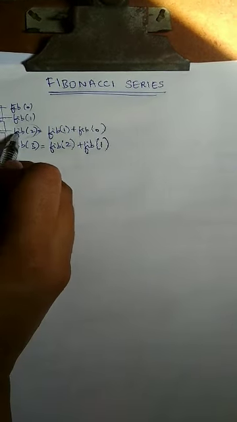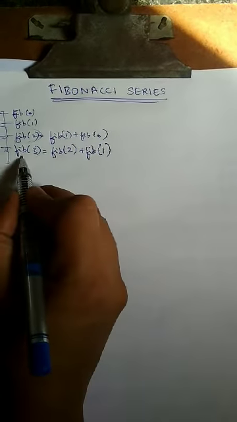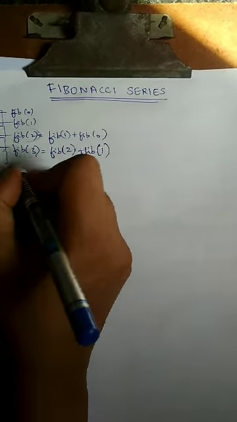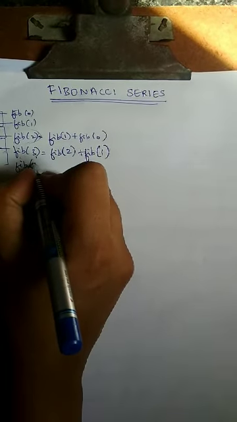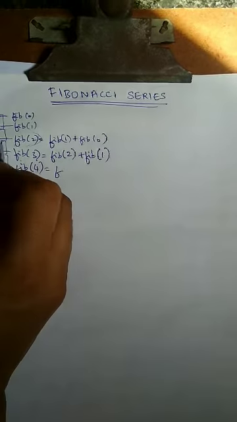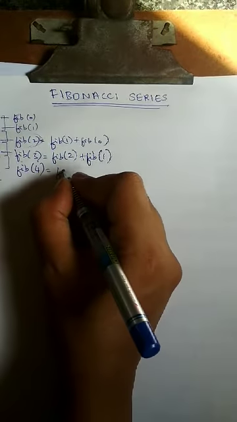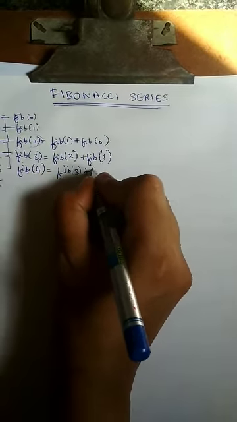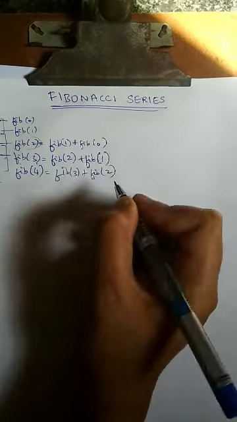See, fib of 2 and fib of 1 will give me fib of 3. Fib of 4 I can get from these two things, that is fib of 3 plus fib of 2.